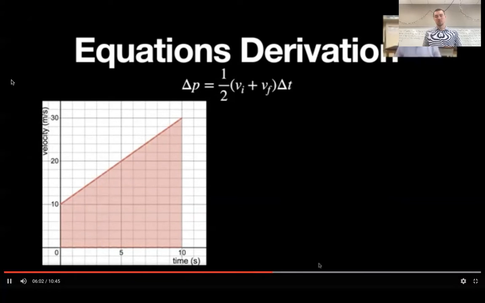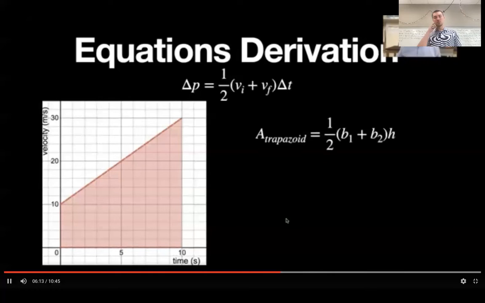So in this situation, this is going to make sort of a trapezoidal shape. So you might have to go in your geometry textbook or just Google, what is the area for a trapezoid? And it's 1/2 times the sum of the bases times the height. Now remember, this is a trapezoid that's sort of on its side because the two bases are the two sides that are parallel, and the height is this side right here.